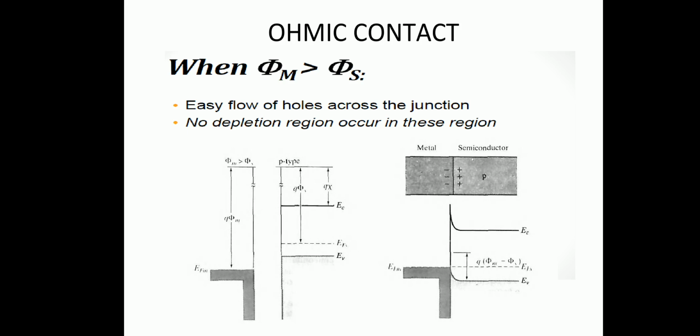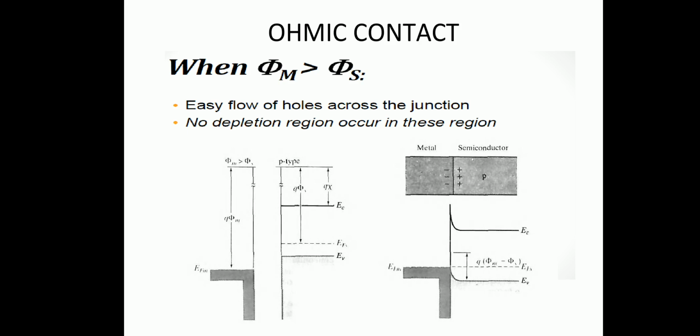Due to this there is an electric field, and the tilt occurs from semiconductor to metal. In the figure, near the junction all the energy bands tilt, and in the bulk region the energy bands are flat. This way we can draw the ohmic contact and Schottky contact for p-type material.